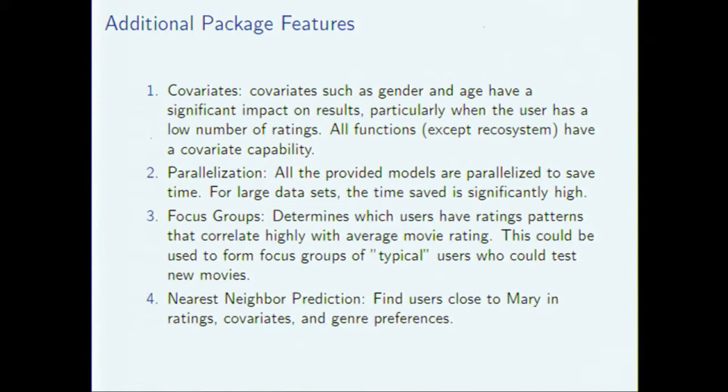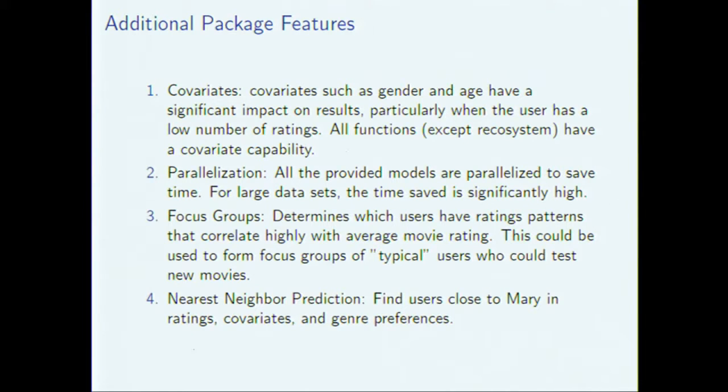I just wanted to go over a couple additional package features that really make RecTools special. The most important one being covariates. By adding covariates such as gender and age, we can see beyond the scope of just numbers. We can see beyond the scope of, okay, what are Mary's ratings like? We can also look at how her gender affects her ratings.